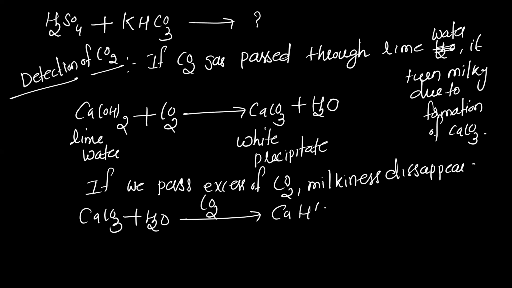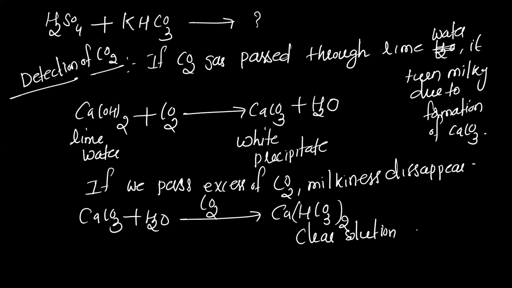It will convert into calcium bicarbonate. Since calcium bicarbonate is a clear solution, not white, the milkiness will disappear. So it is very important that we pass a limited amount of carbon dioxide gas. If you want to identify the gas evolved as carbon dioxide, you have to pass a limited amount. Be careful: if you pass excess carbon dioxide, you cannot detect it because the solution will be clear.